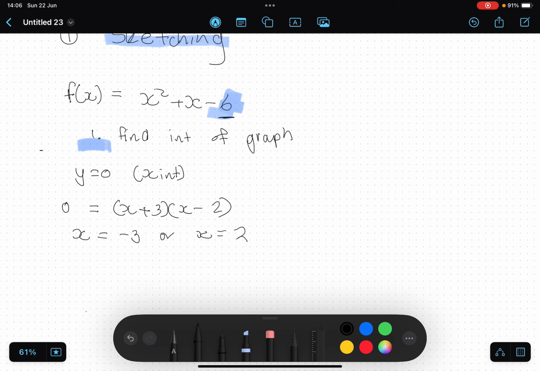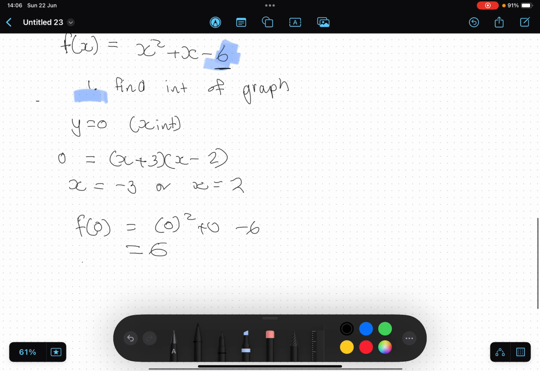Because if you set x to 0, let's just show you. If I set x to 0, that means I have 0 squared plus 0 minus 6. So when x is 0, we know that this value is minus 6.